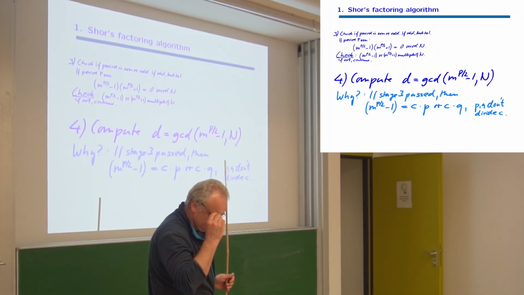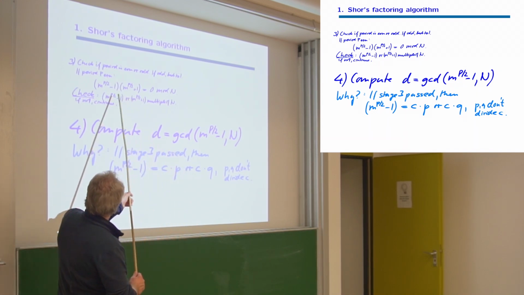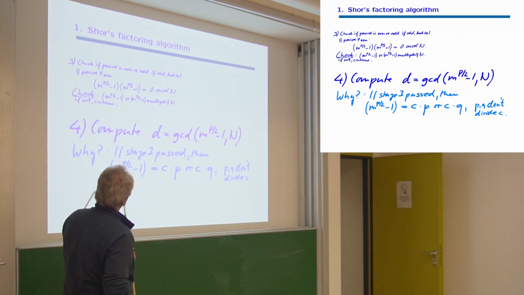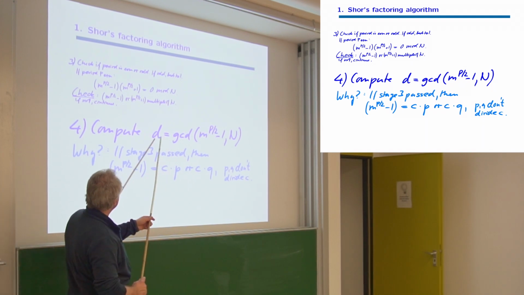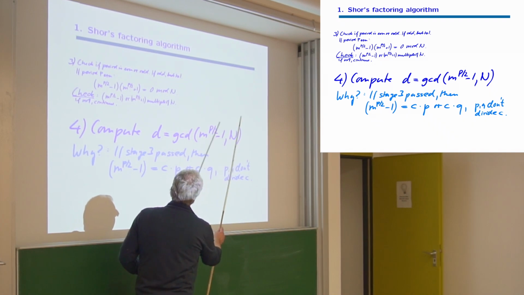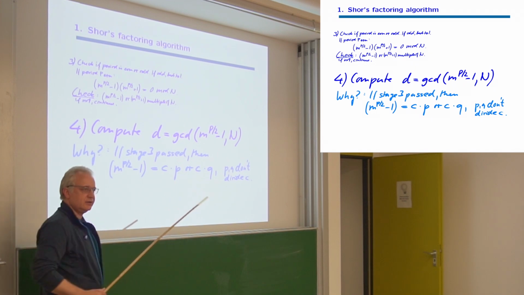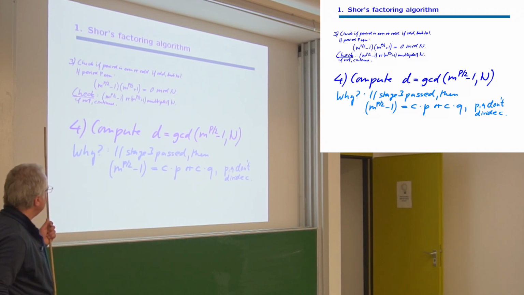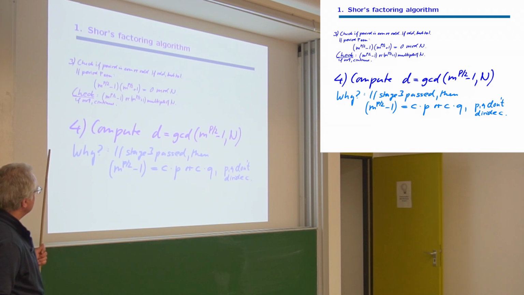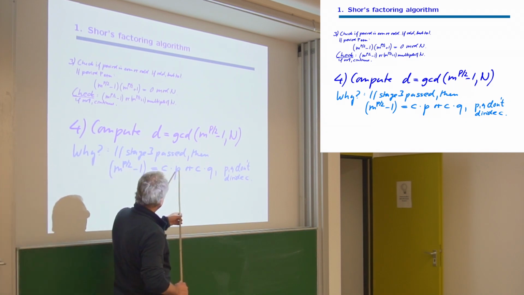Good. And so now that we found that neither this thing or that thing is a multiple of n, we compute the greatest common divisor of either of the factors with n. And that is supposed to give us one of these factors. So let's briefly recap why this is so. What matters now is the prime factors in n, p and q.